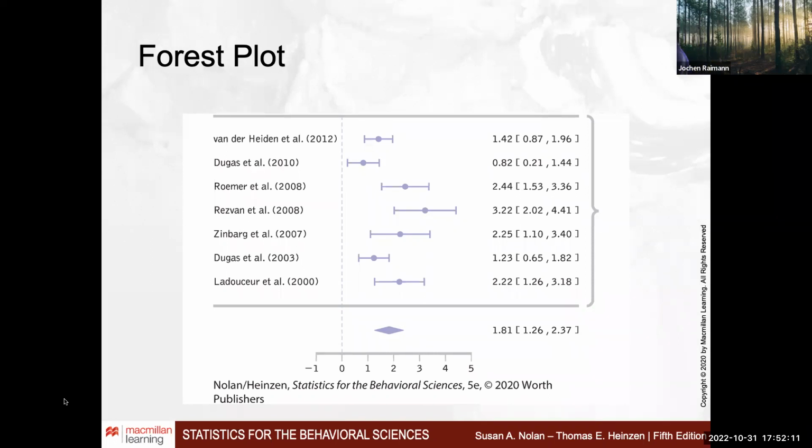You have variability, you have individual estimates, and you need to factor this all in to get this diamond estimate, this overall overarching estimate. So it's a wonderful tool, and it's basically something which should be done for all research topics. But it's a lot of work.